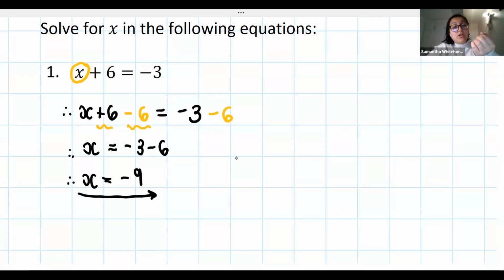So throughout all of our examples, I'm always going to put x on the left, but it doesn't matter if you put it on the right. You will get exactly the same answer if you do your inverse operations correctly. As long as you do all of the inverse operations correctly, which side you put x on makes no difference.